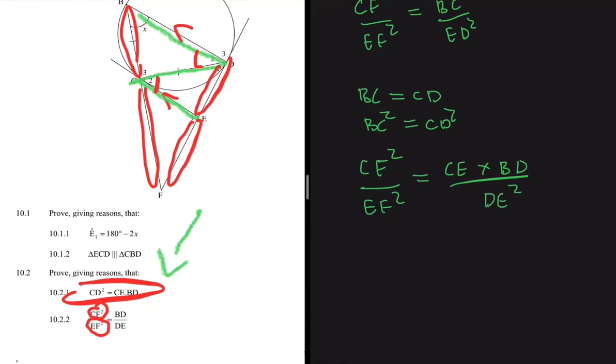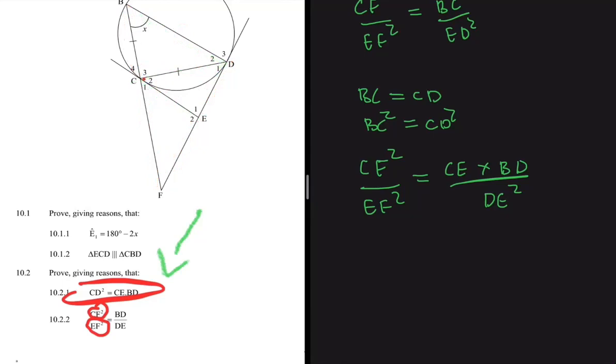We need DE on the numerator, right? So that we can lose that square on the denominator. So which one between CE and BD is equal to DE? Let's look at our sketch. So let me remove a few things for clarity. So we know that this angle here is X, this angle here is X, and then here we have X, and here we have X. So if we have X here and we have X here, then CE should be equal to DE, right?